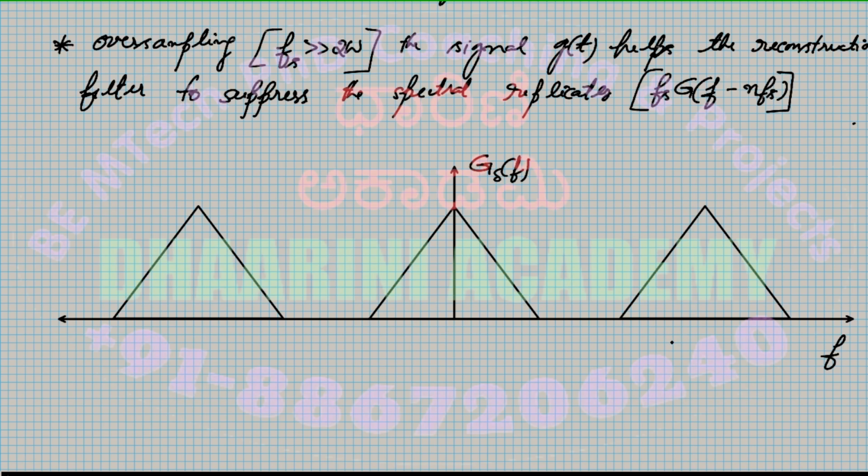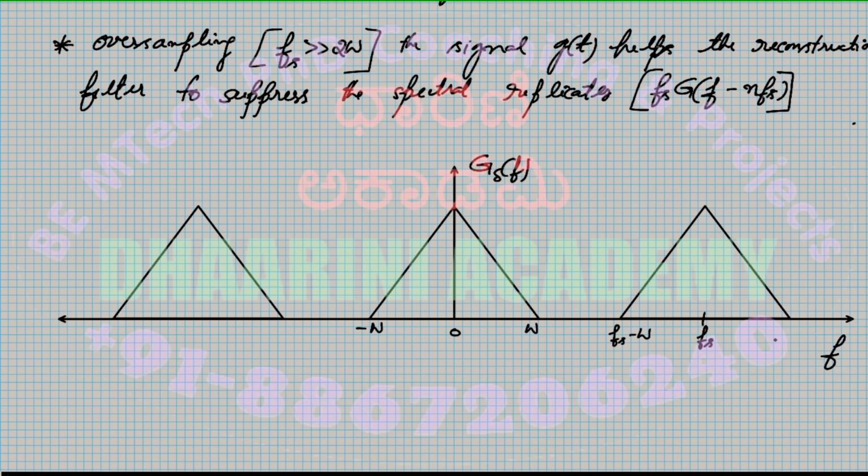Now the sampling frequency fs has been chosen in such a way that it is much greater than 2W. So the lower replicate, that is fs minus W, will not coincide with W, so there is no overlap.